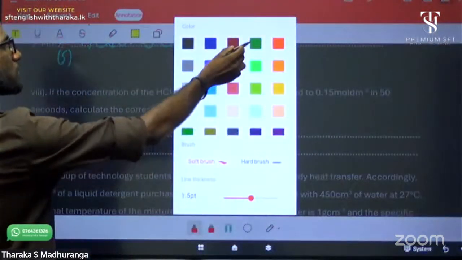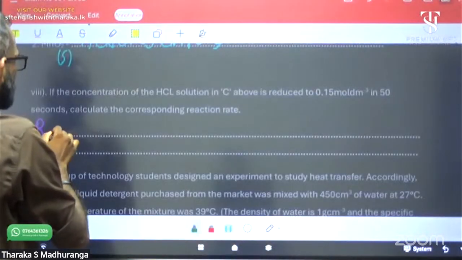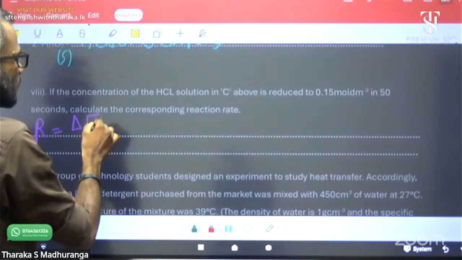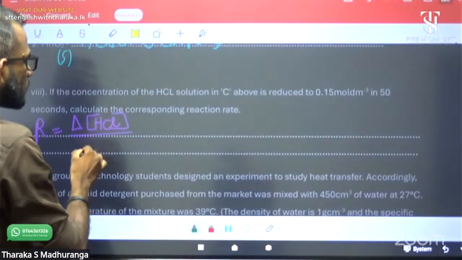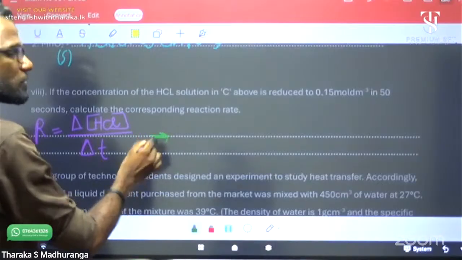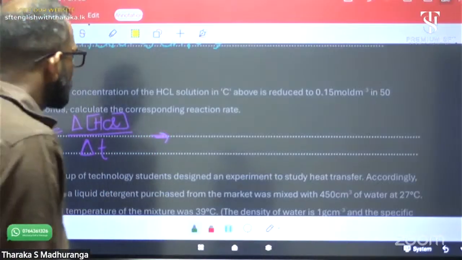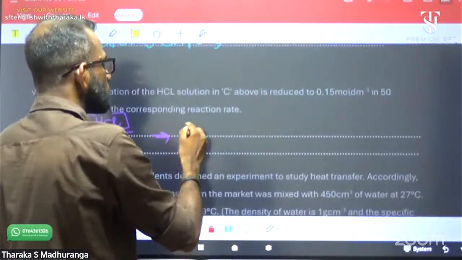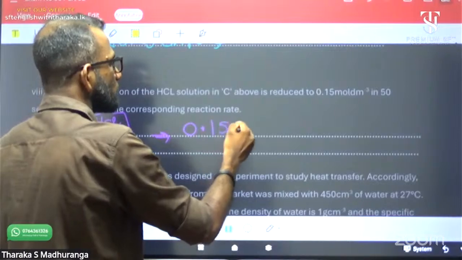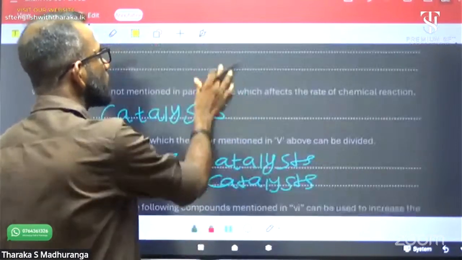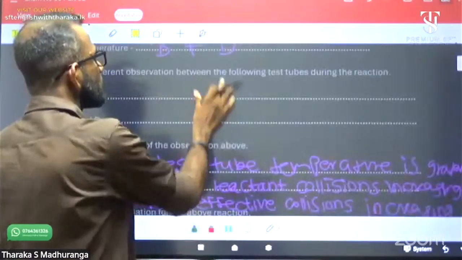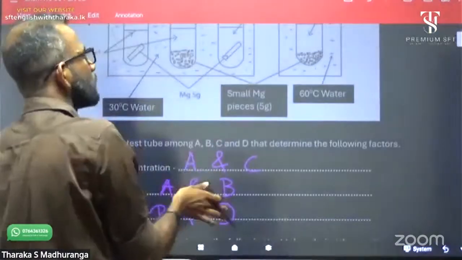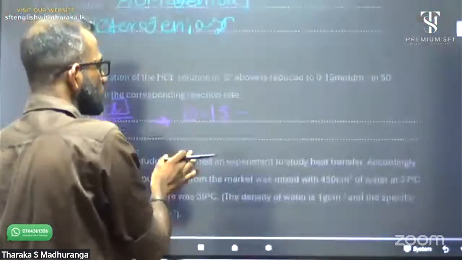Very simple. R equals delta HCl, that means HCl concentration change divided by time difference. Delta concentration change means final concentration, 0.15. Initial concentration you can get from the diagram, C: 0.4 mol dm^-3.